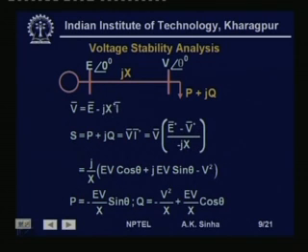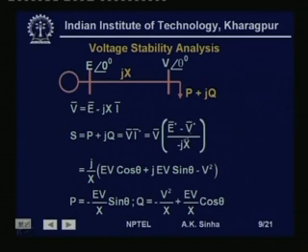So, from here we can find that jX into I is equal to E minus V, and so minus jX into I conjugate is equal to E conjugate minus V conjugate, and therefore, I conjugate is equal to E conjugate minus V conjugate divided by minus jX.